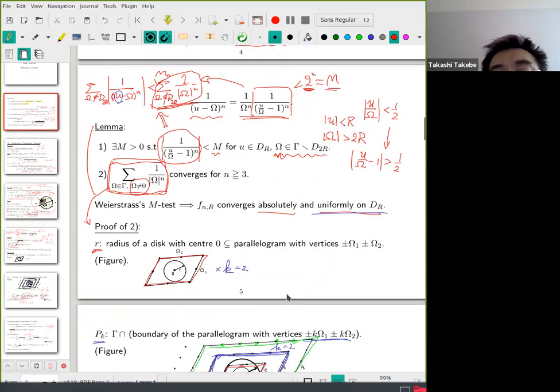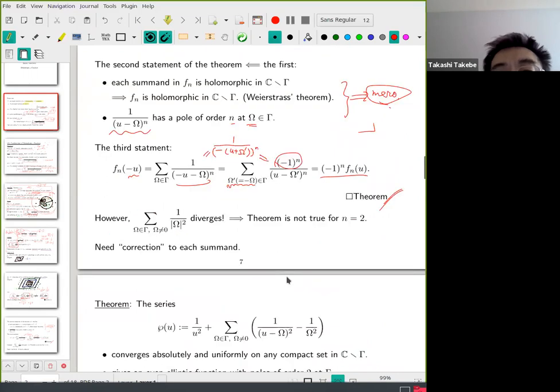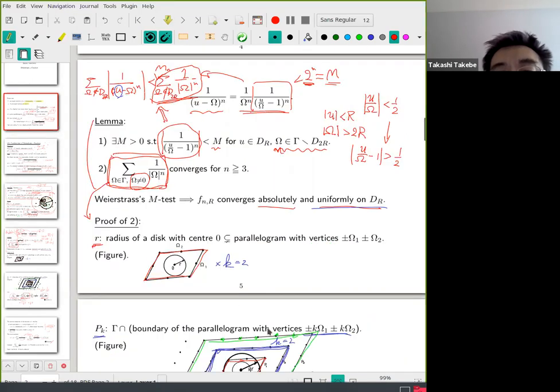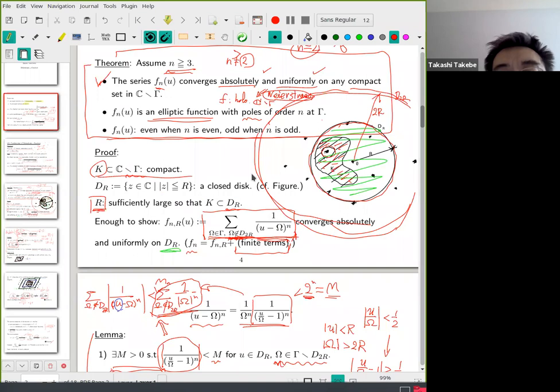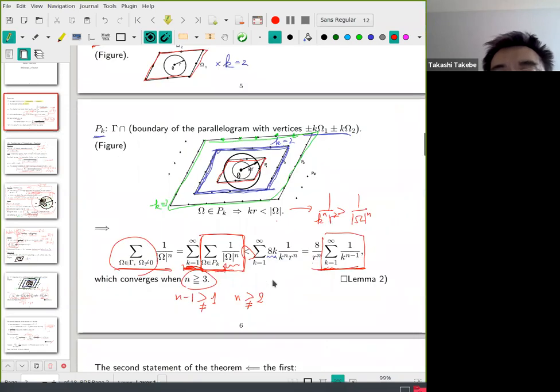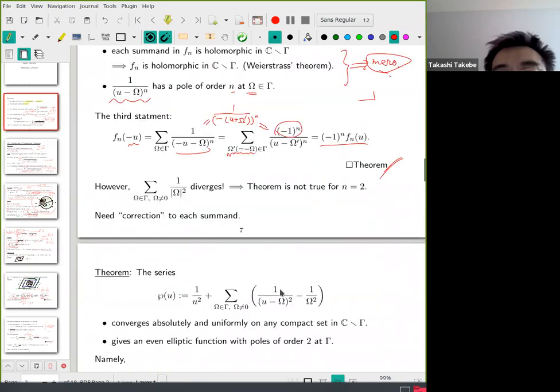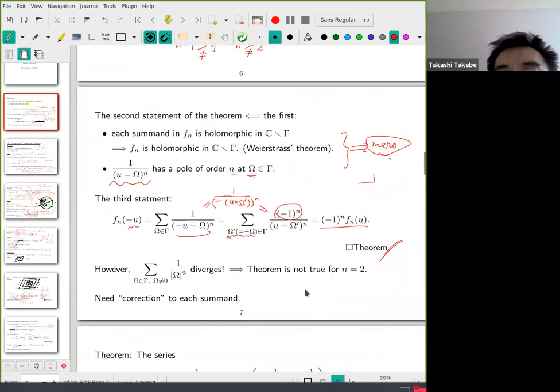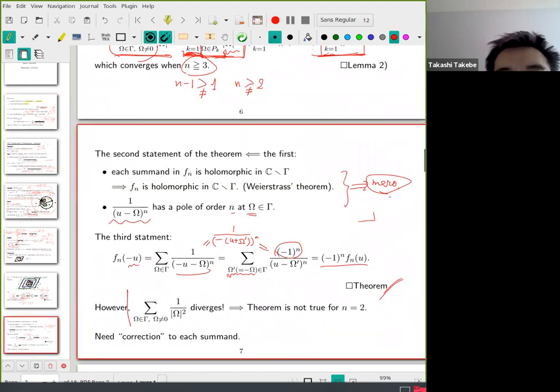But unfortunately, this construction, which we proved here, does not work for 2 because this sum diverges.